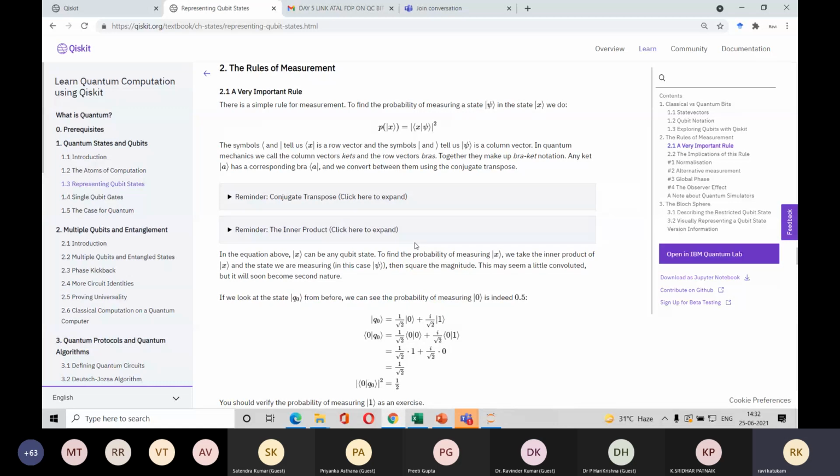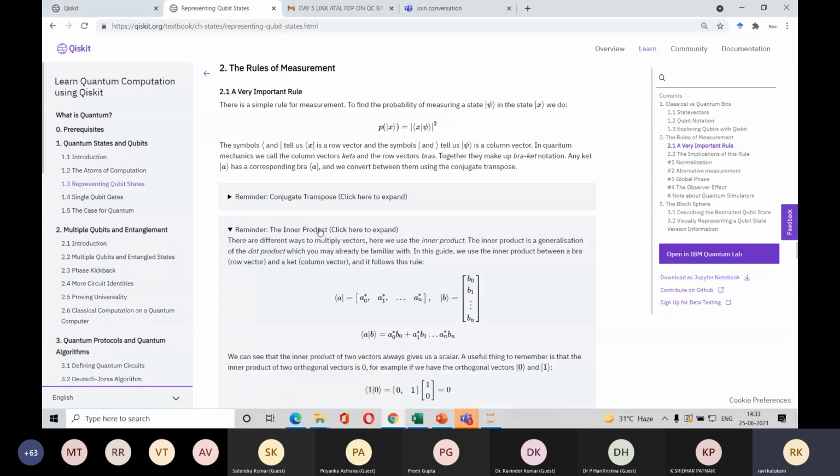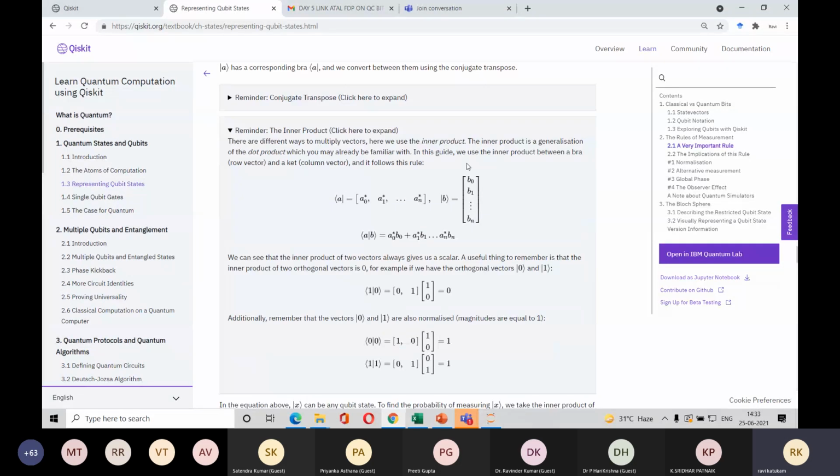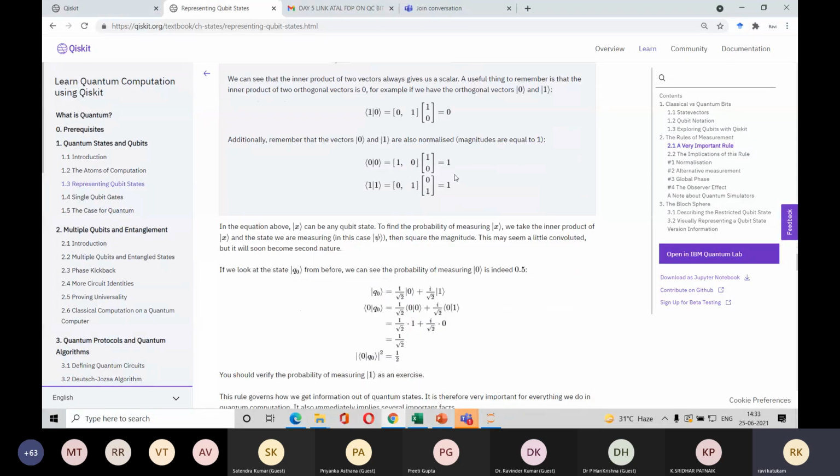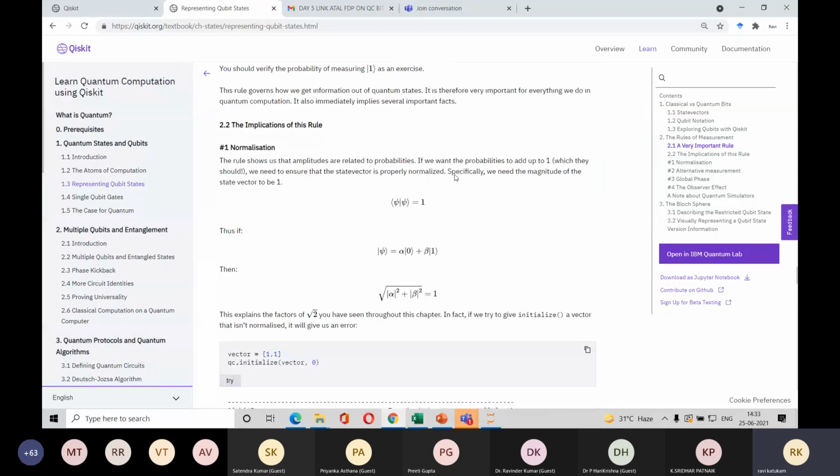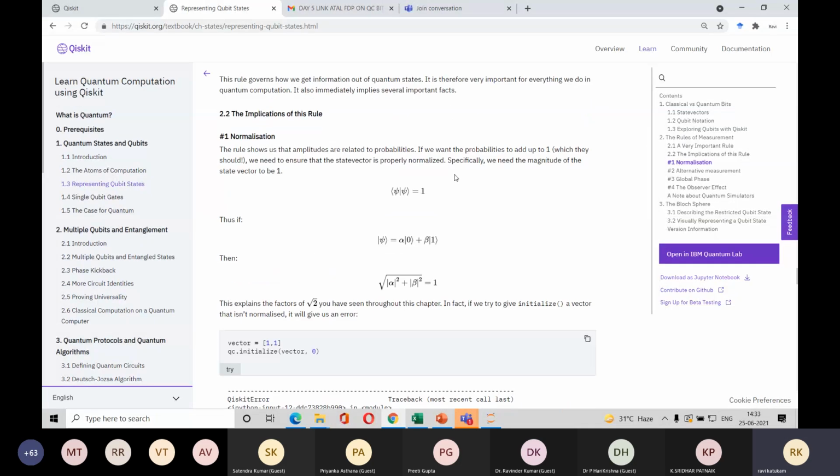If I want to measure in a predefined basis instead of the 0 or 1 basis, how do I do that? That is given by the inner product. Basically, if you take the inner product of x and psi, then you will get the measurement of psi in the x basis states. That's what we discussed yesterday. Then rules of measurement. See, what is this normalization rule?